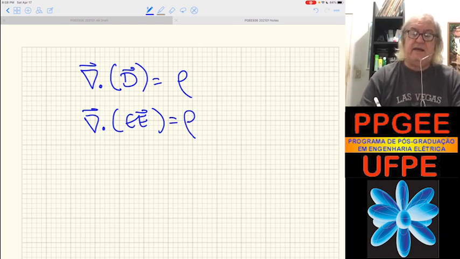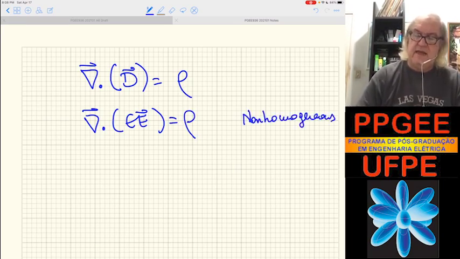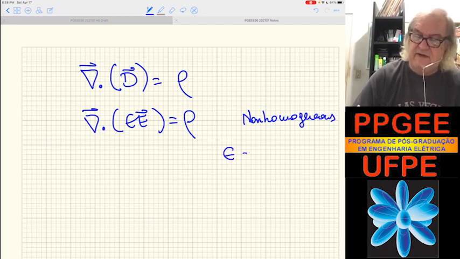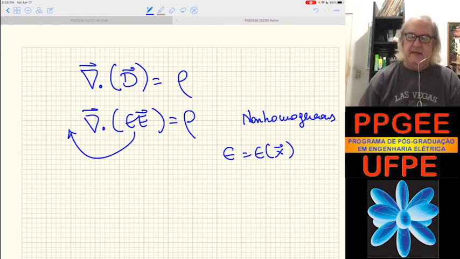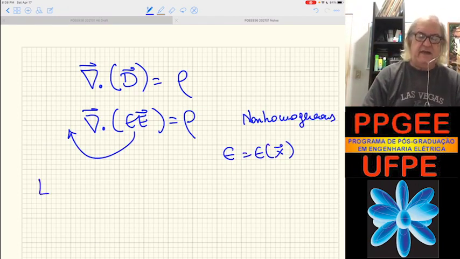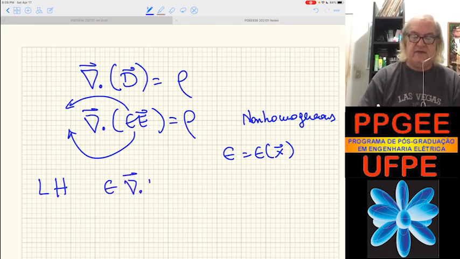Now, if the medium is non-homogeneous, it means that epsilon is a function of the coordinates. Then I cannot remove this from the derivative here. Now, if you have a linear medium and a homogeneous medium, then epsilon can go out. Then you have those things that we just discussed, right? The divergence of E equals rho.